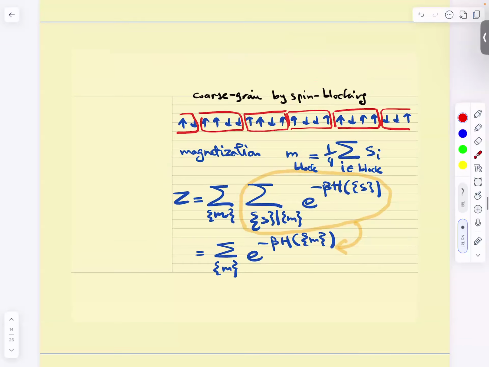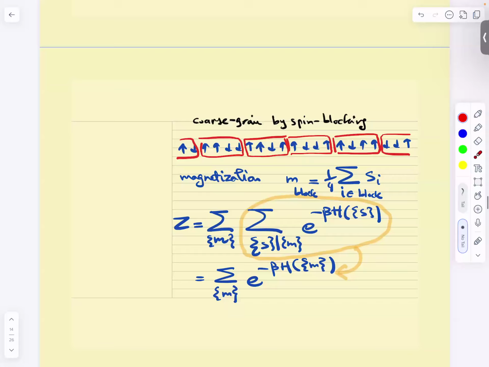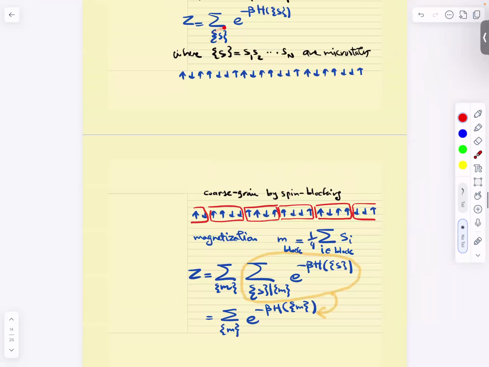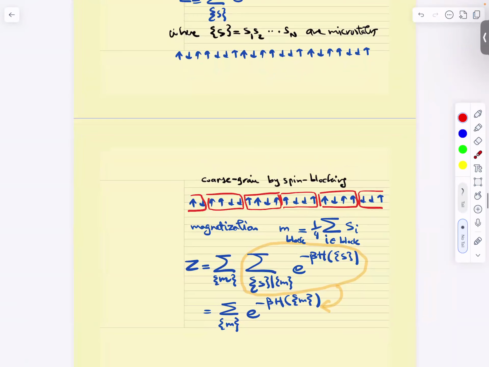All right. Now, one thing you could do is spin blocking. What is that? We're summing over all configuration microstates. What you could do is define a coarse grain. We could split these spins into many blocks, and then say the average of the spins in this block is some little m, the average of spins in this block is some little m, and so forth.